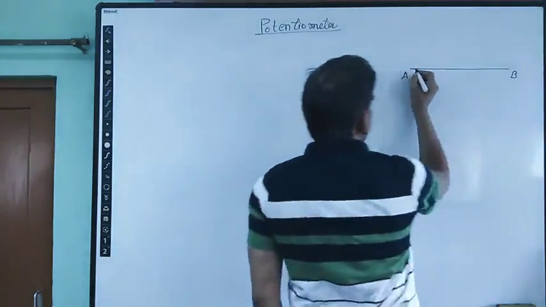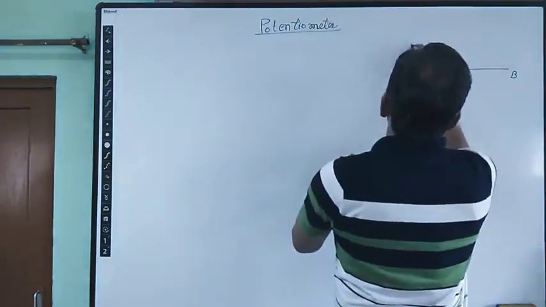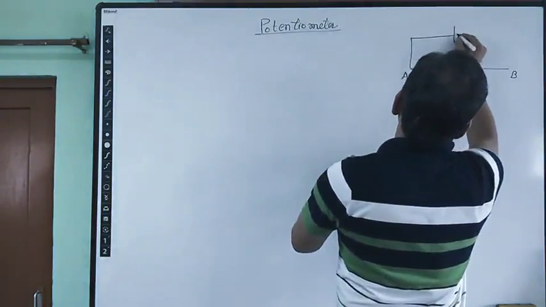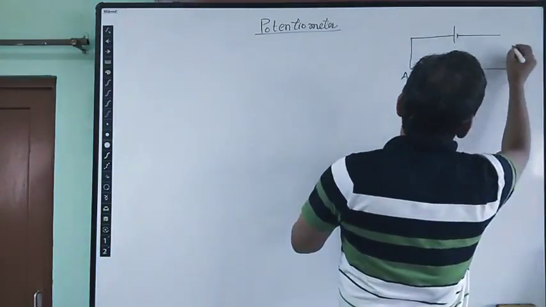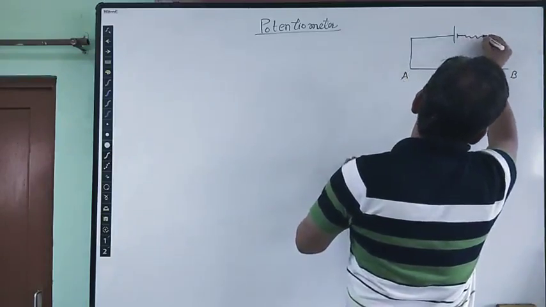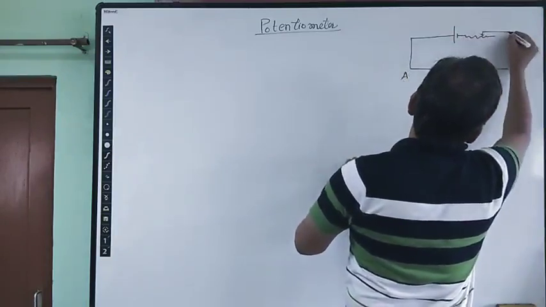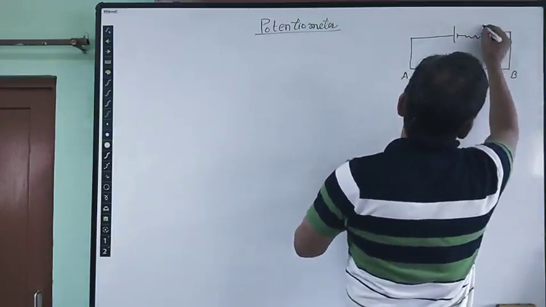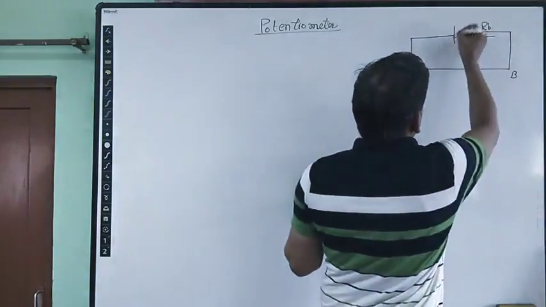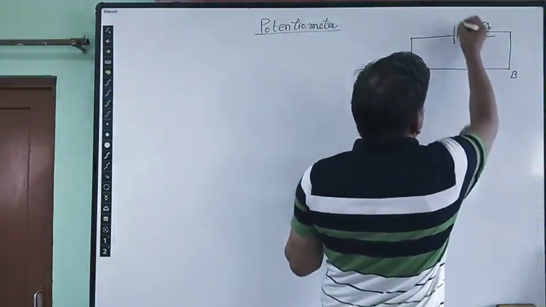So for maintaining the constant current, we attach a battery eliminator with it, whose resistance we can vary with the help of some rheostat, just like this. This is the rheostat, the variable resistor, and the EMF of this cell is called the auxiliary cell.